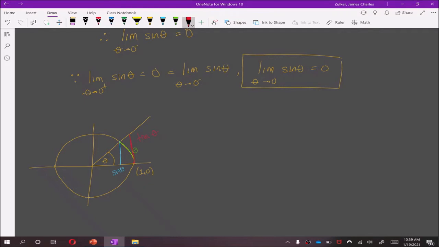Now what we've done here is made two triangles. So we can see that for 0 less than theta less than pi over 2, again, we're only in the first quadrant, sine of theta is less than theta, but now theta is less than tangent of theta.